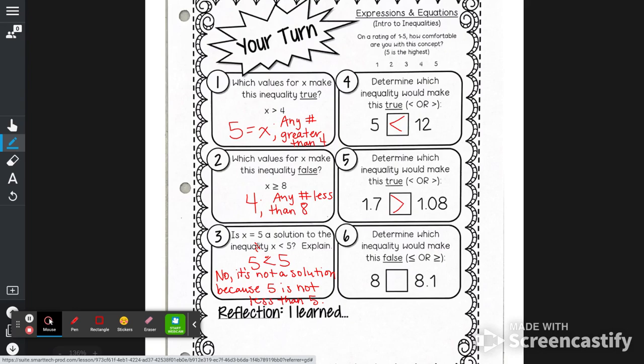Greater than or equal to or less than. Okay? So we have a less than or equal to or greater than or equal to. So what should we put in here to make this false, not a true statement? 8. Yeah, 8 is greater than 8. 8 is, now it's not just greater than.